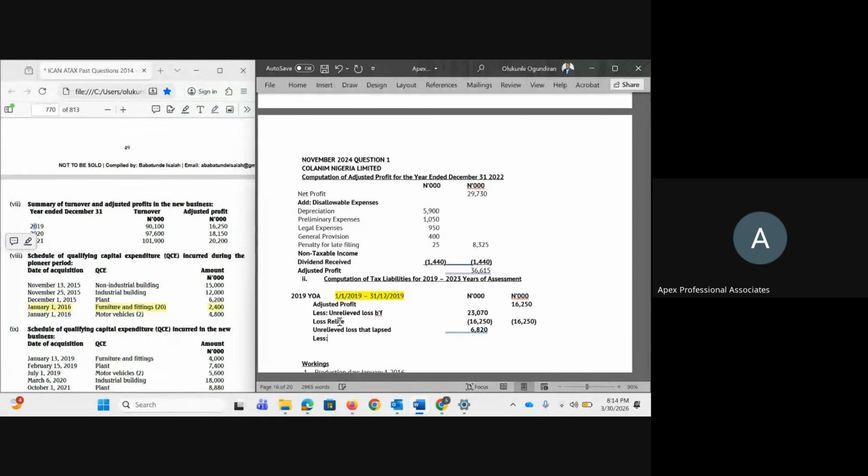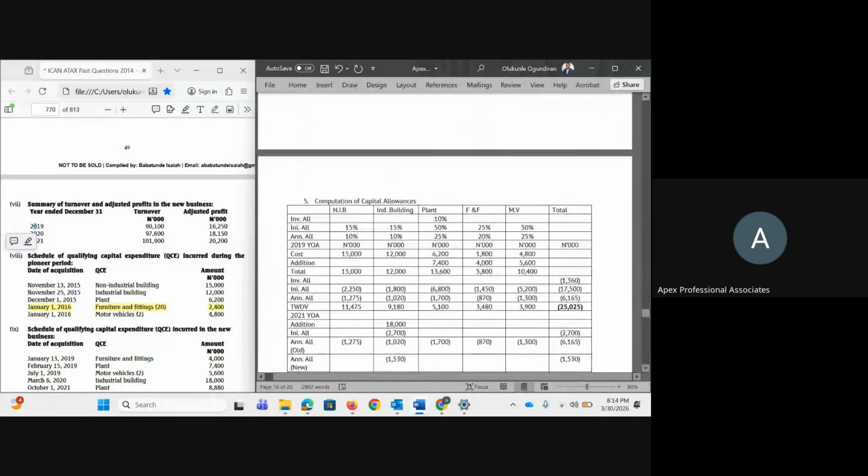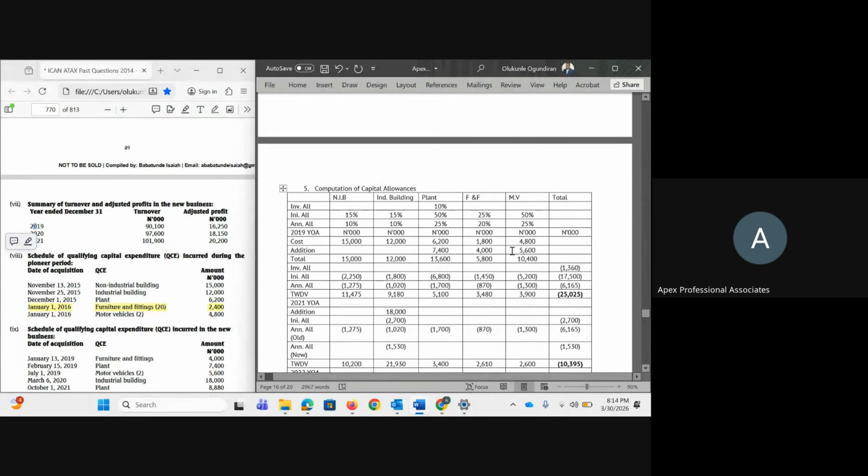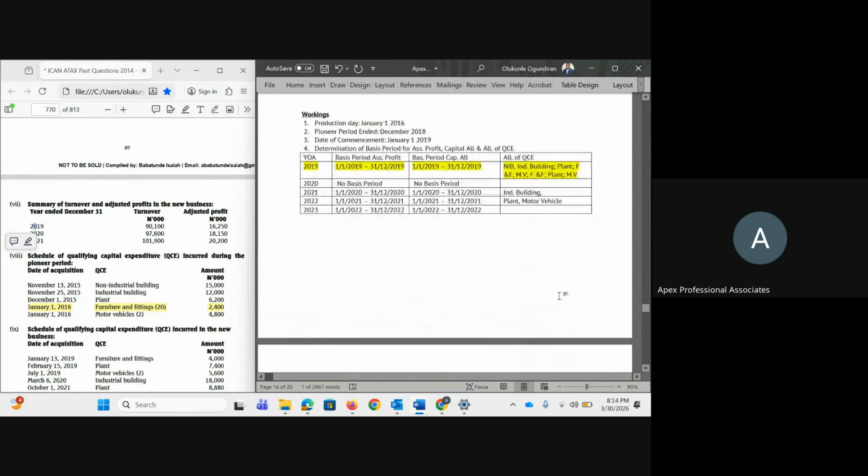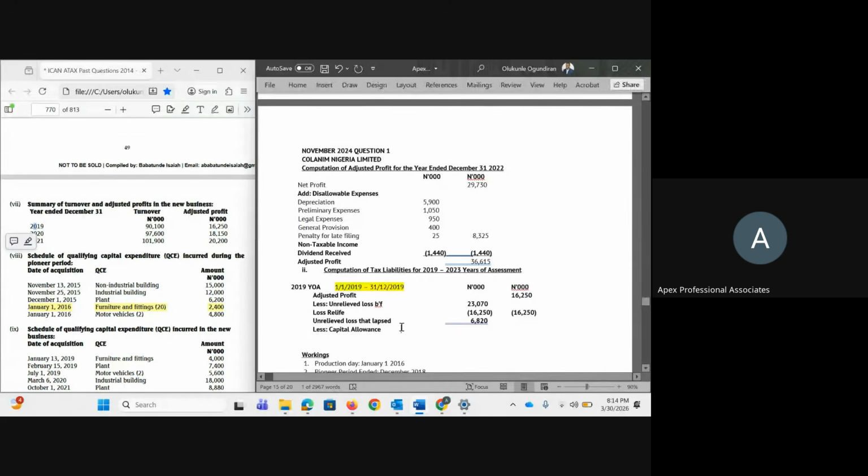Less capital allowance. How much is the capital allowance for 2019? 25,025, Abby. Are we together? Yes, sir. Then less capital allowance carried down, how much? 25,025.